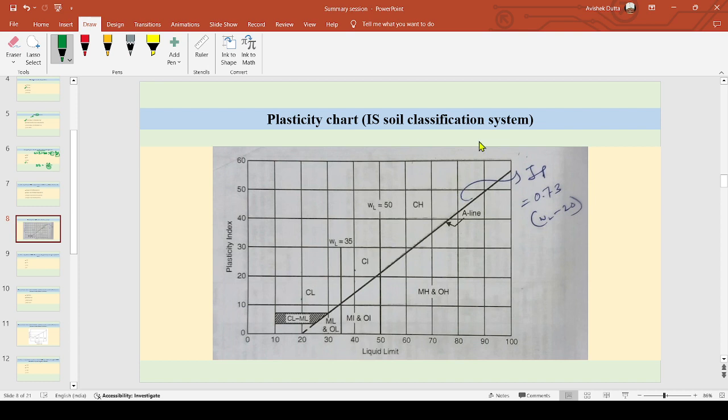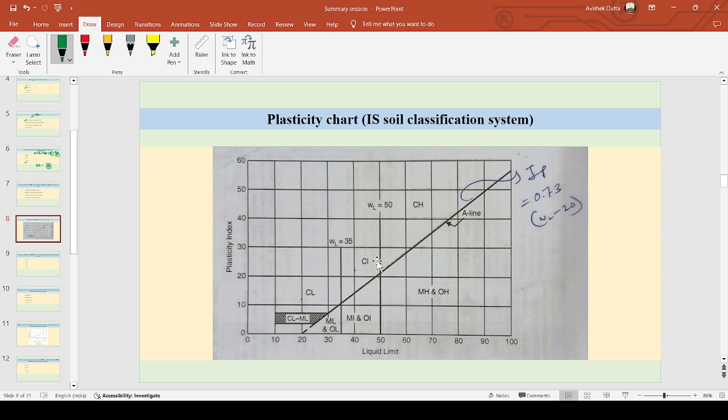Now there are two more vertical lines at liquid limit 35 and liquid limit 50. These vertical lines segregate the soils of low plasticity, that is liquid limit below 35, intermediate or medium plasticity, that is liquid limit between 35 and 50, and soils of high plasticity, that is liquid limit more than 50.